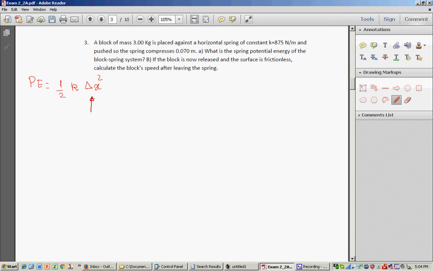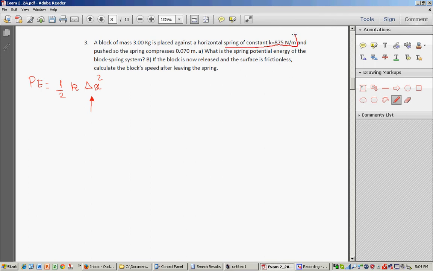So again, del X is not the size or the length of the spring, but how much of it is being either compressed from its relaxed configuration or stretched from its relaxed configuration.